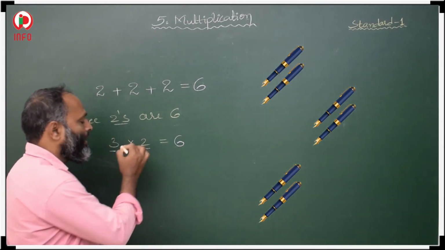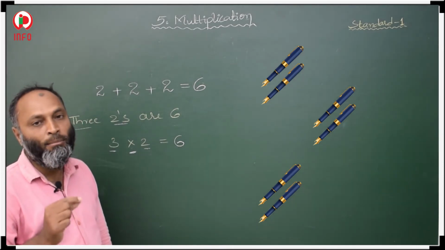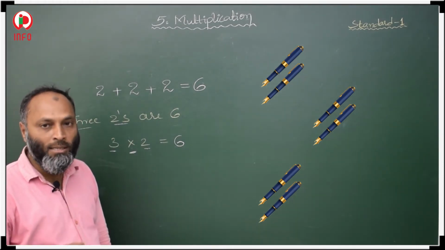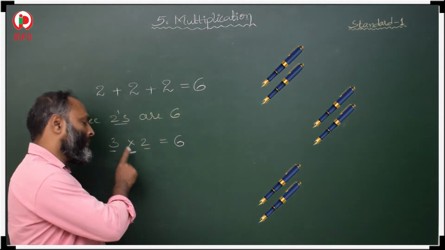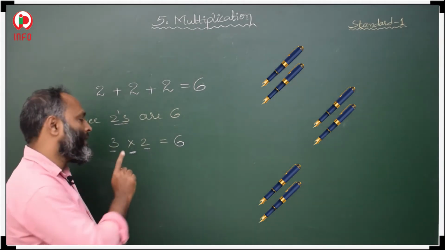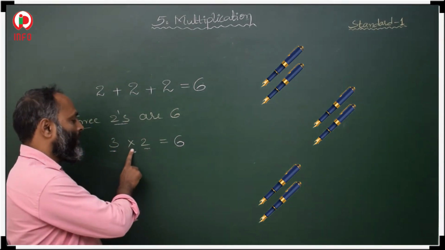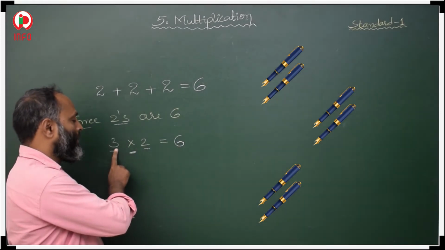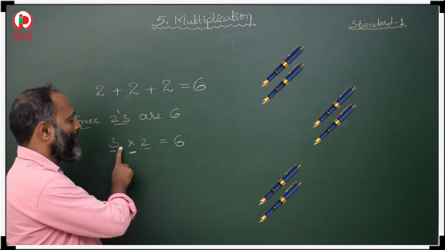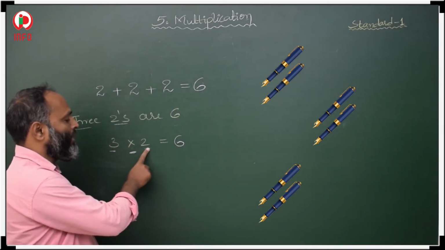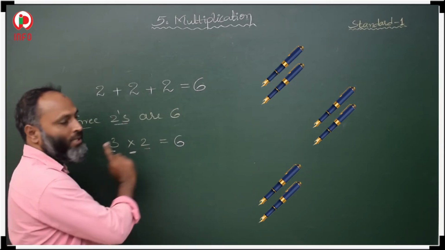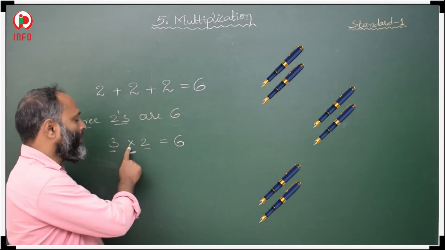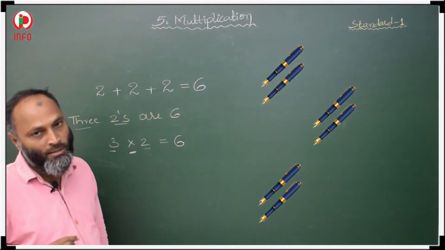The cross symbol is our multiplication symbol. How to read this? 3 into 2, or 3 twos are 6, or 3 into 2 is equal to 6.